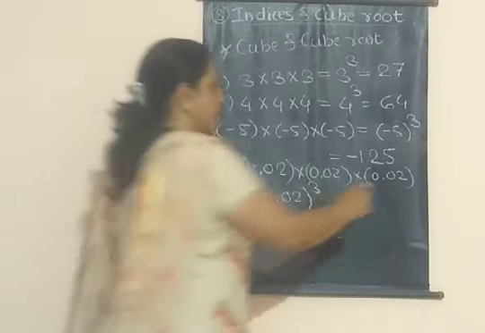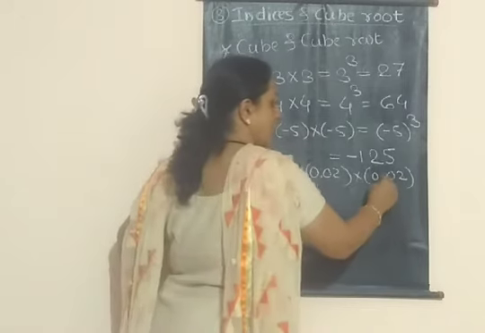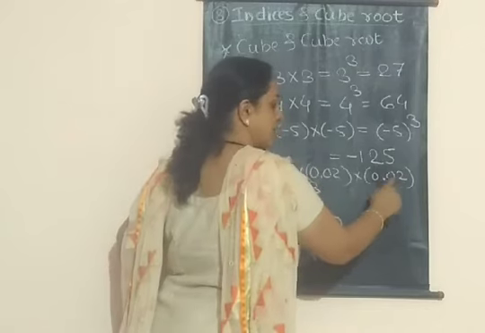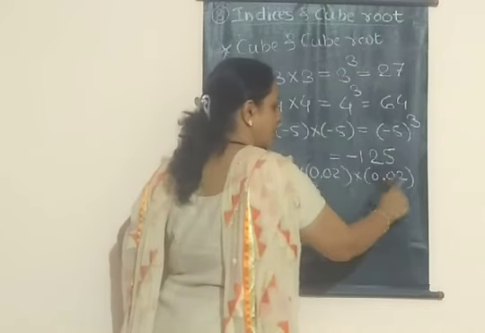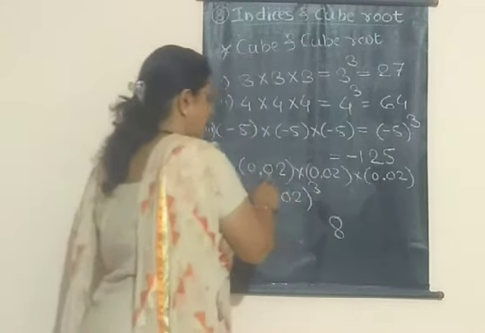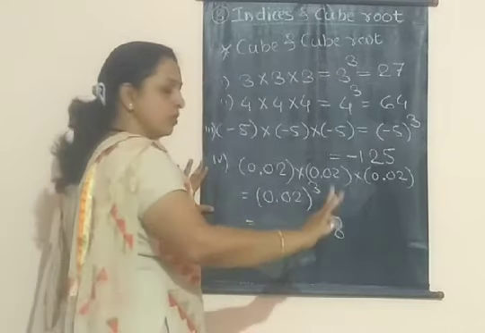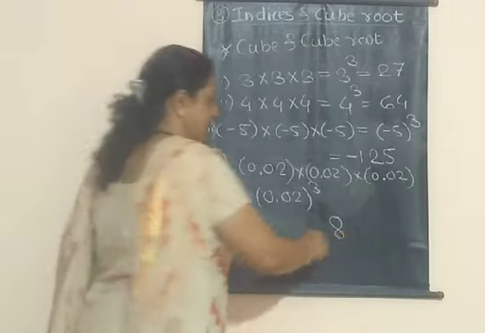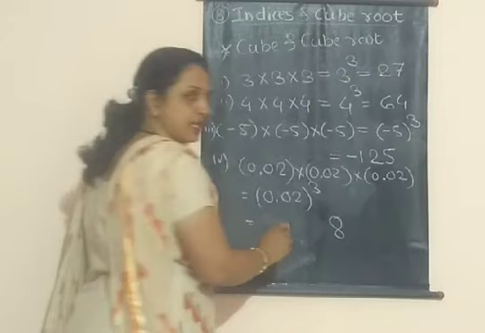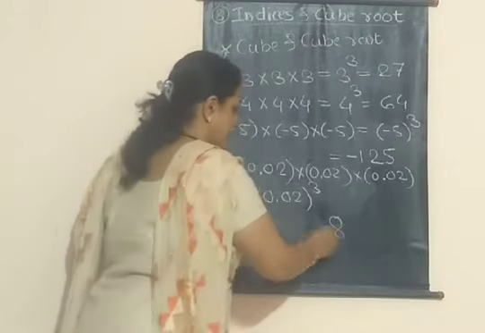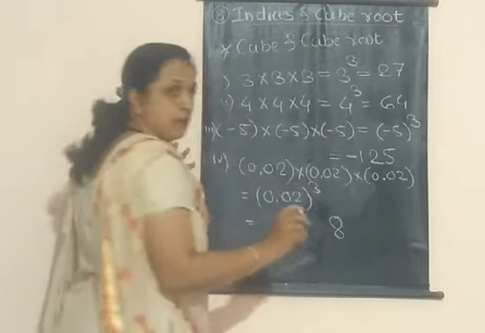Okay, is it clear? Remember how many digits are there after the decimal point? 1, 2, 3, 4, 5, 6. Then we leave 6 digits and give the decimal point from the right hand side. So this is the digit number 1.